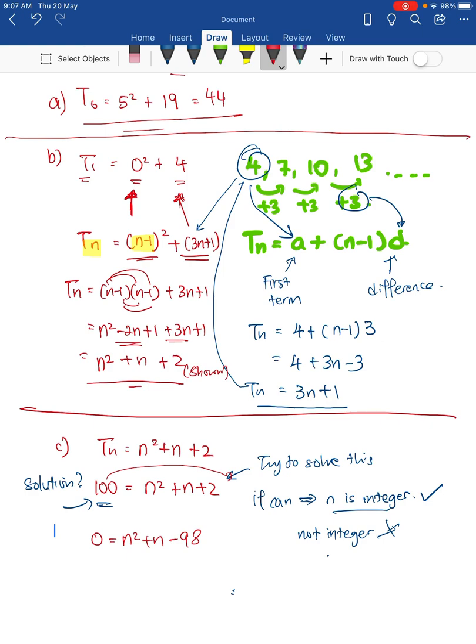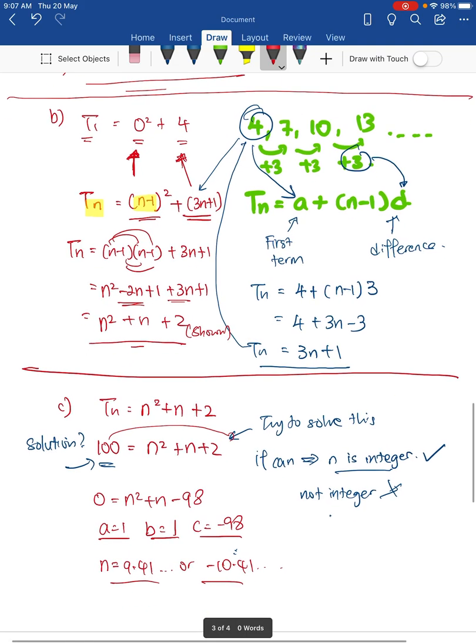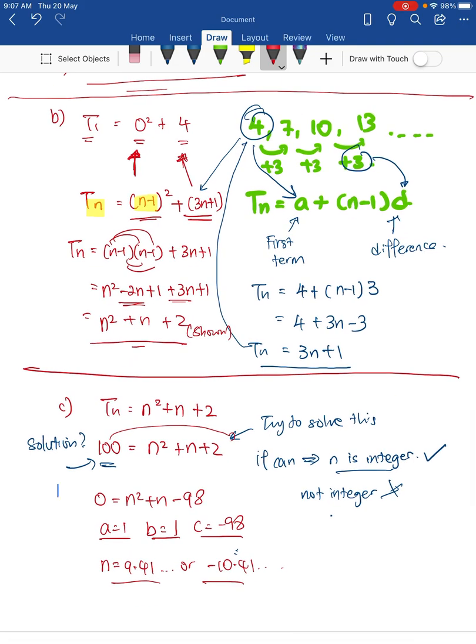Mode 3-3, a equals 1, b equals 1, c equals minus 98. Press equal. You can see that the solution for n is 9.41 and so on, or minus 10.41 and so on. So you can see that n is a number with decimal places.